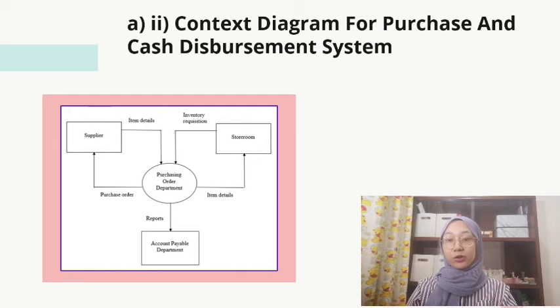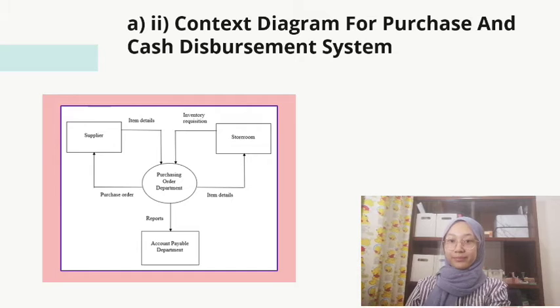In the inventory control department, after obtaining the receiving report from the receiving department, the clerk updates the inventory control account in the general ledger and files the receiving report in a receiving report file. So here's the example of the context diagram.